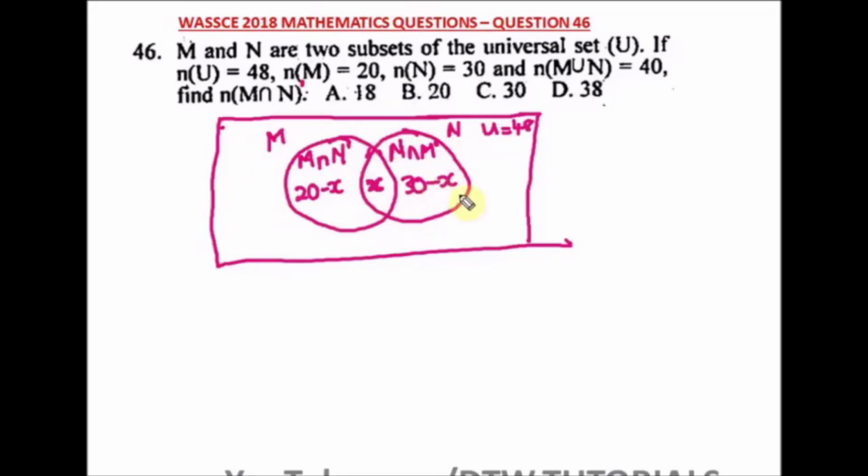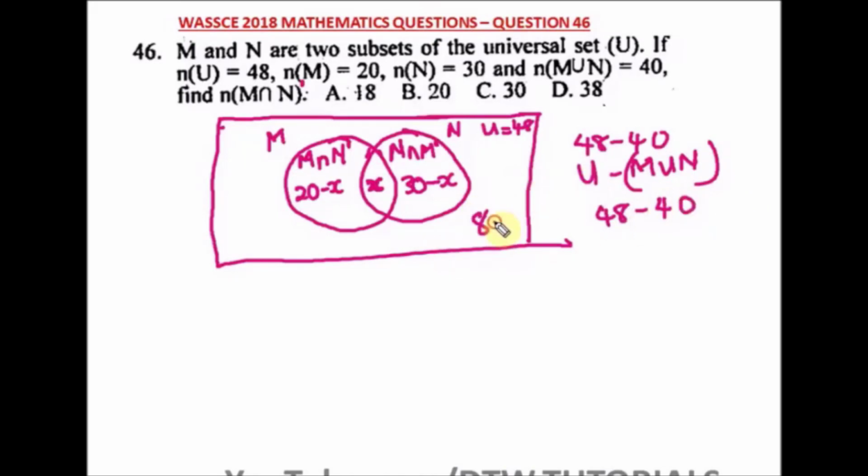That will give us 48 minus 40, the universal set minus M union N, which is 8. That is M complement intersection N complement, everything outside of M and N.